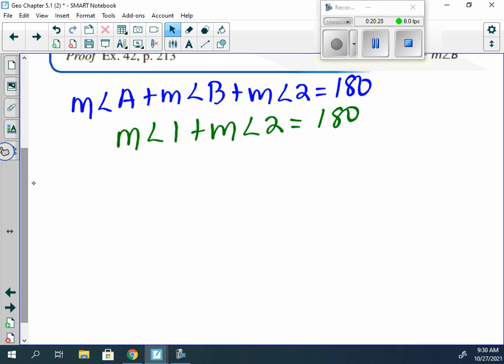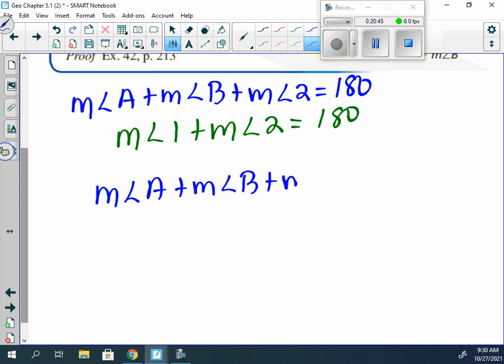If A is equal to B and B is equal to C, therefore A is equal to C. Well, this statement's equal to 180, this statement's equal to 180, so I can set the two statements equal to each other. So we can say that the measure of angle A plus the measure of angle B plus the measure of angle 2 is equal to the measure of angle 1 plus the measure of angle 2.